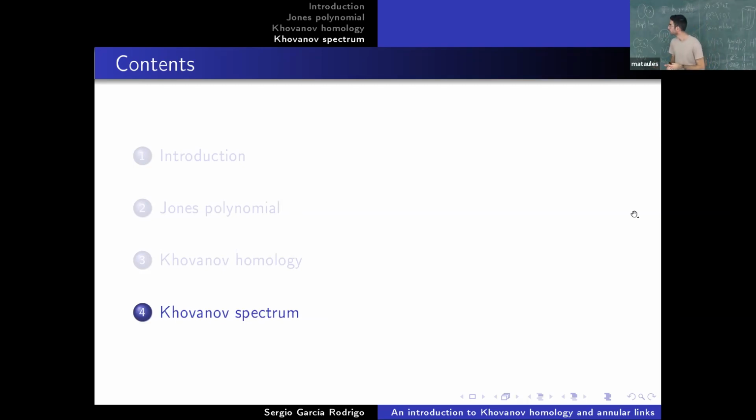Okay, so you can also compute a topological space or a spectrum for annular links. And what we are currently working on, my supervisors and I, is a different construction that yields the same spectrum, but it's kind of easier to compute.